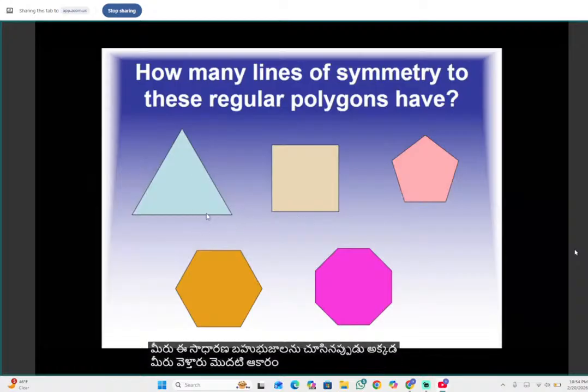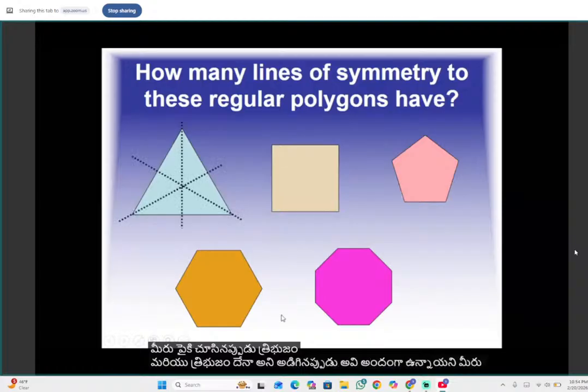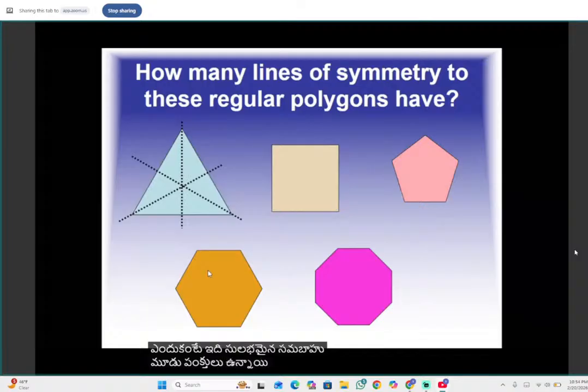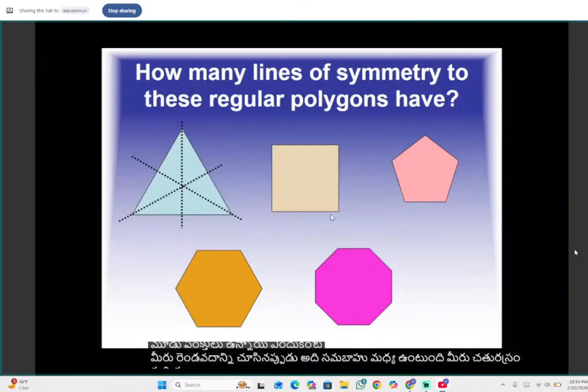The first shape is a triangle. When you look at the triangle there, you can see there are three lines because it is equilateral. When you look at the second one, it's a square.